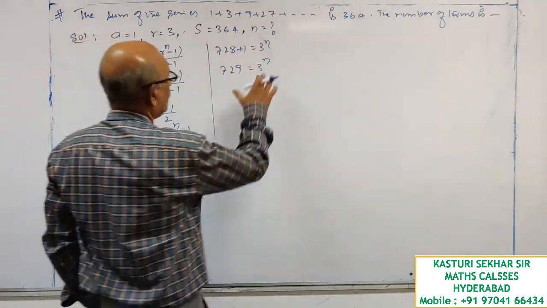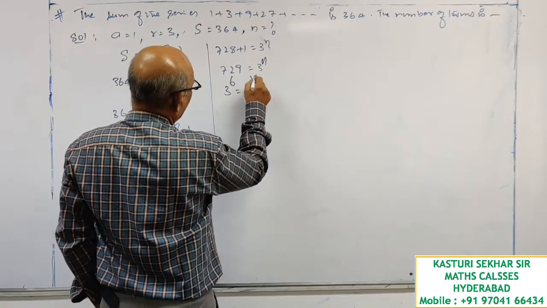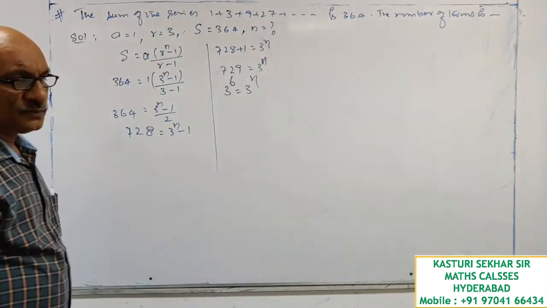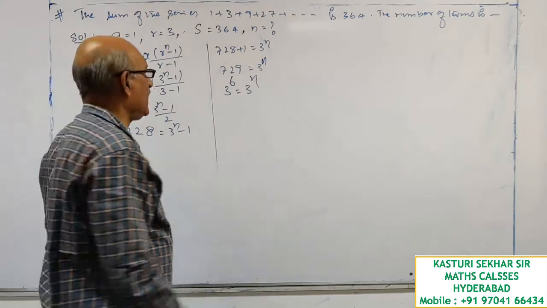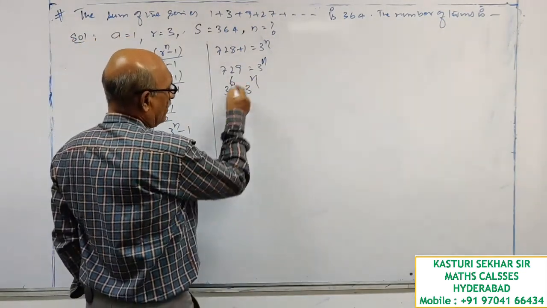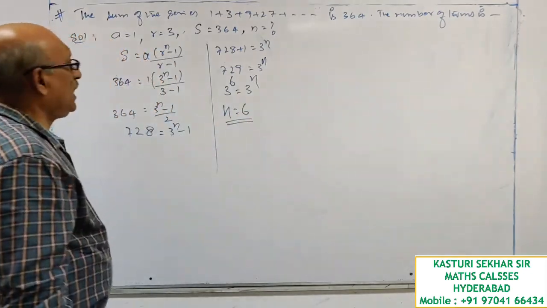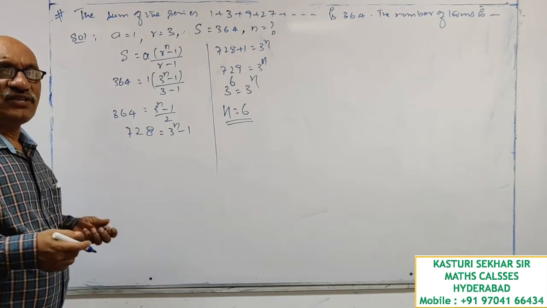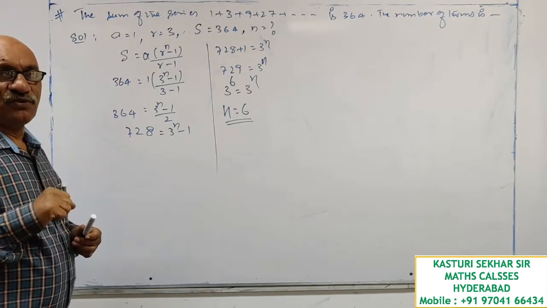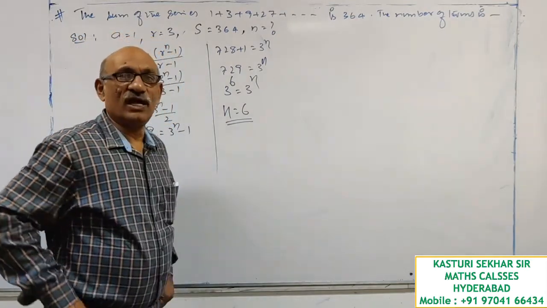Definitely we can. 3 power 6 is equal to 3 power n. 3 when multiplied 6 times you will get 729. Bases are equal, powers can be equated, n is equal to 6. How many terms in this series do I have to add? 6 terms. First 6 terms when I add, I will get 364 as the answer.